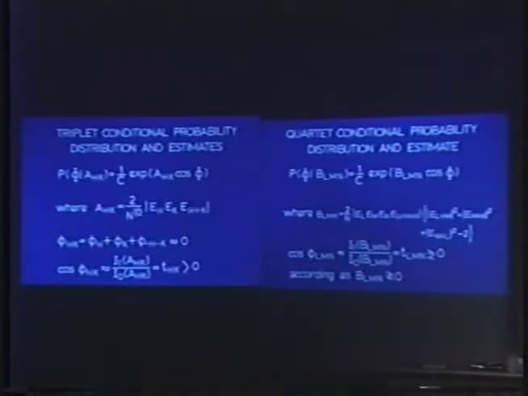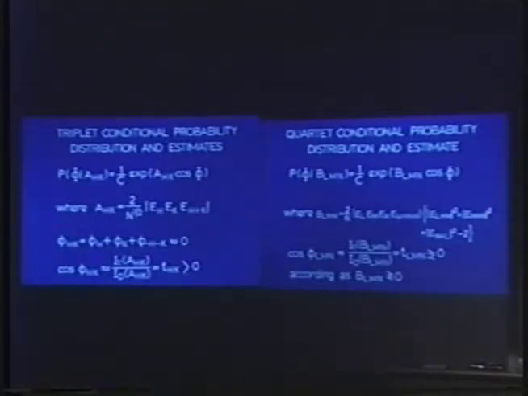And in the case that B is less than 0, and the expected value of the cosine is therefore also less than 0, we obtain in this way the so-called negative quartets. From the present point of view, the existence of the negative quartets is of the greatest importance, which I will explain in just a few minutes.